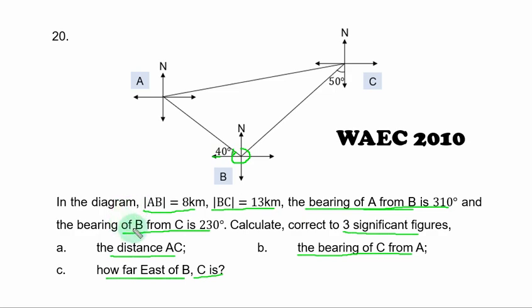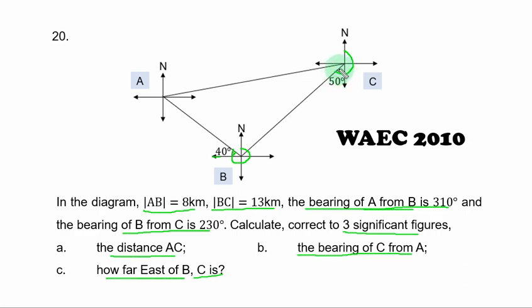The second point, the bearing of B from C is 230. You go to C. From here to this place is 180. For you to get 230, you need to add 50 to 180. So to this point is 230.